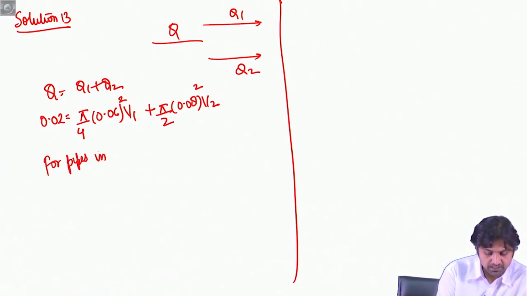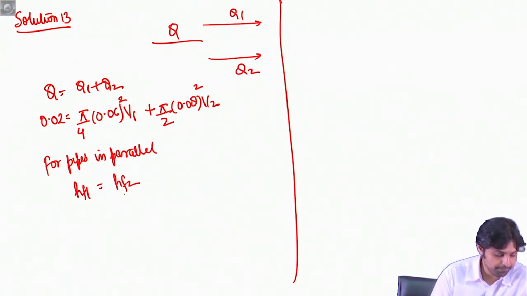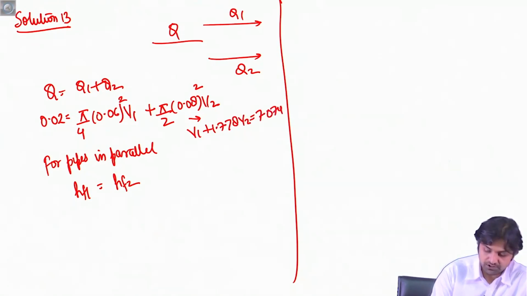For pipes in parallel, we also know that the head losses should be equal in both pipes. So this can be written as V1 plus 1.778 V2 is equal to 7. If you solve this, it will come to this.